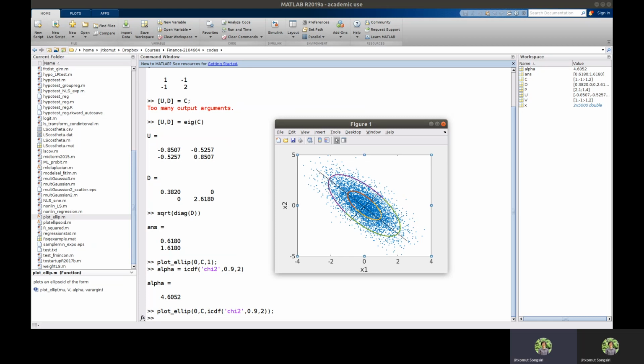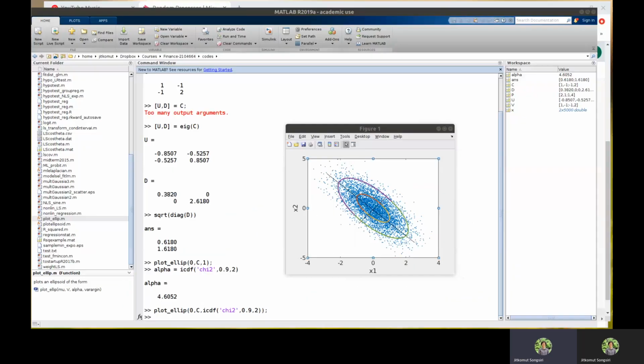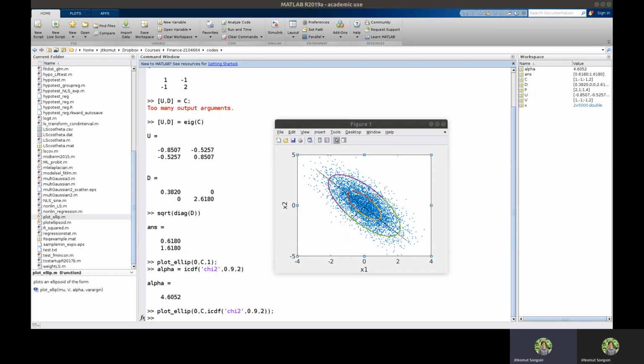So in this video, we have captured how to sketch an ellipsoid in n dimensions. The key is that you perform an eigenvalue decomposition on the matrix P that parametrizes the ellipsoid.